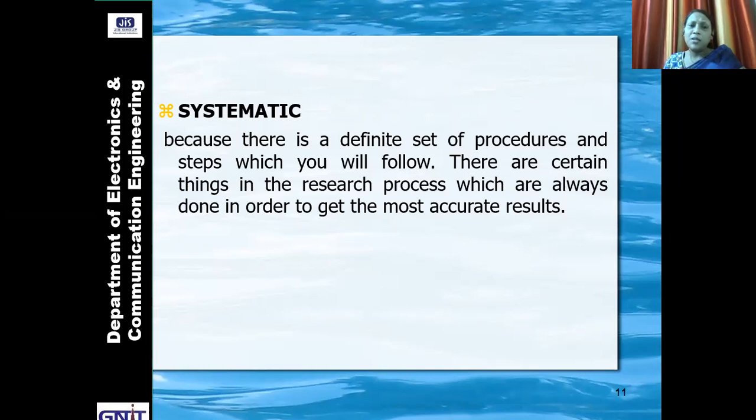Research process is nothing but the way to find out whether the result is accurate or not. This may be by system designing, by system modeling, by an analytical approach, by simulation, whatever it may be.